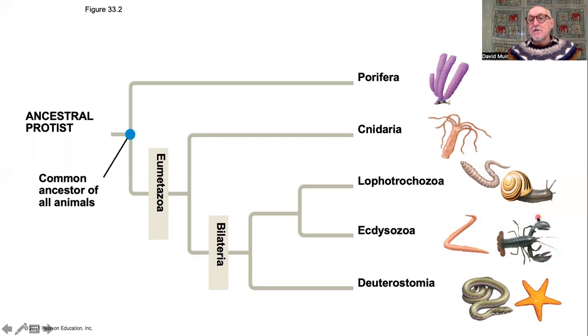So our very first group that we're going to talk about are the Lophotrochozoa. The most abundant of groups. There are lots of groups in the Lophotrochozoa, some of them very obscure. The most abundant groups are the mollusks and the annelids, and we'll discuss a little bit about each of those.